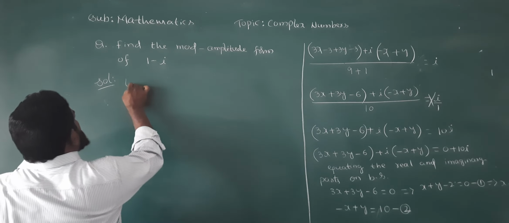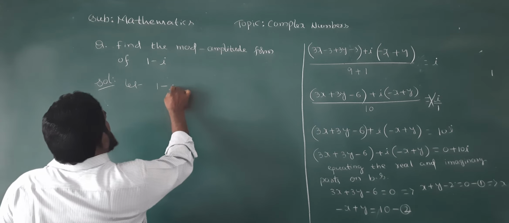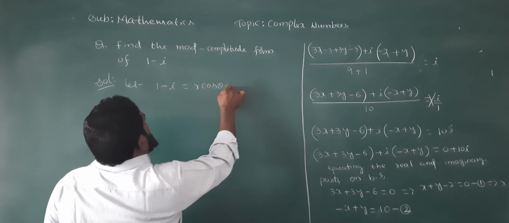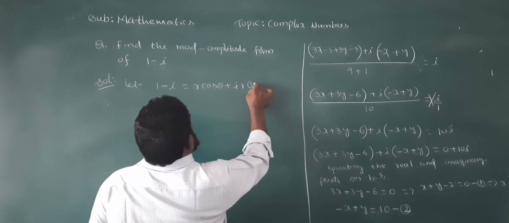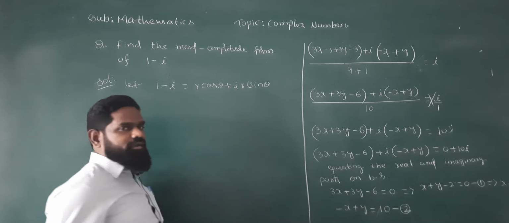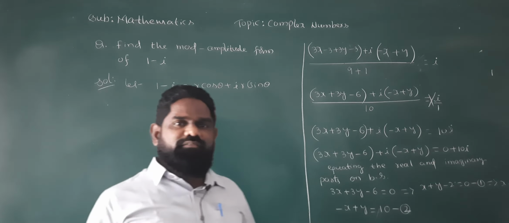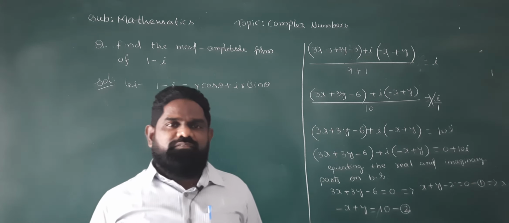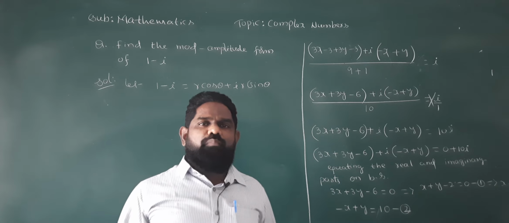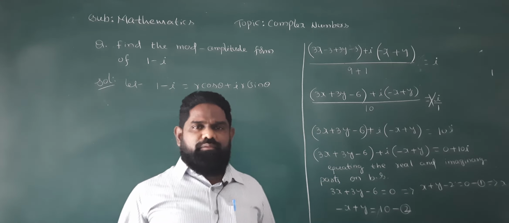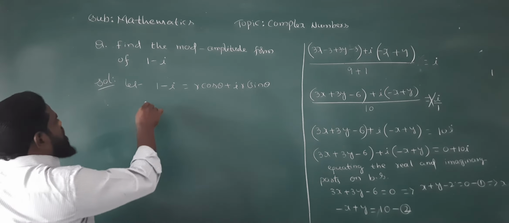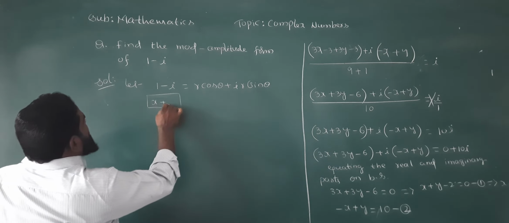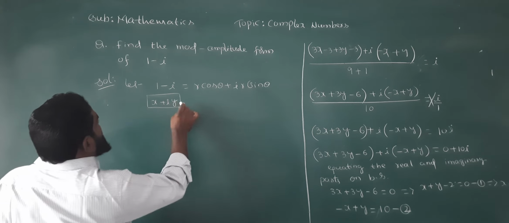Let 1 minus i equal r cos theta plus i r sin theta. Understand? r cos theta plus i r sin theta is the polar form of a complex number. Now take this complex number in the form x plus iy.